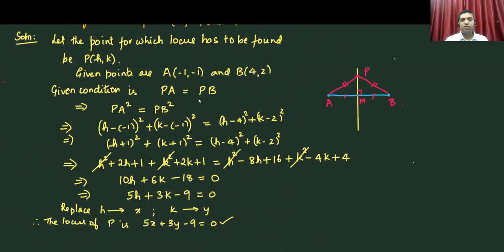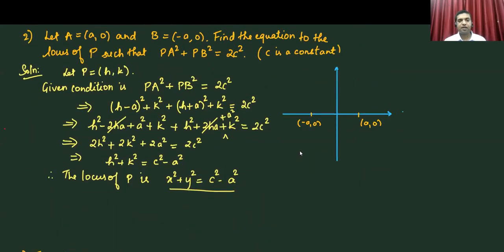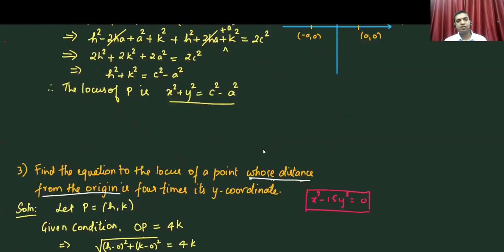So point P is equidistant from A and B. We applied the conditions, squared, applied the distance formula and simplified the equations, and we got this result. So this is actually the perpendicular bisector. That's what we discussed. Then a condition is directly given, so we just apply the condition and find the locus.